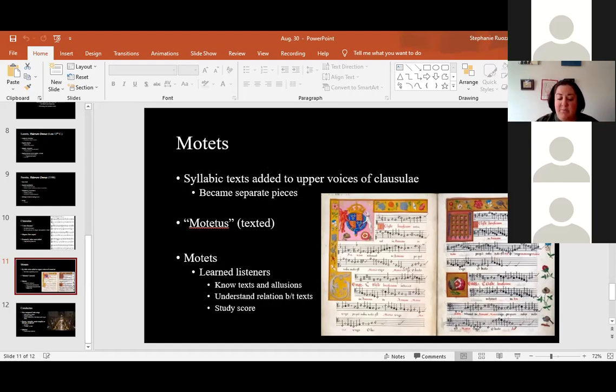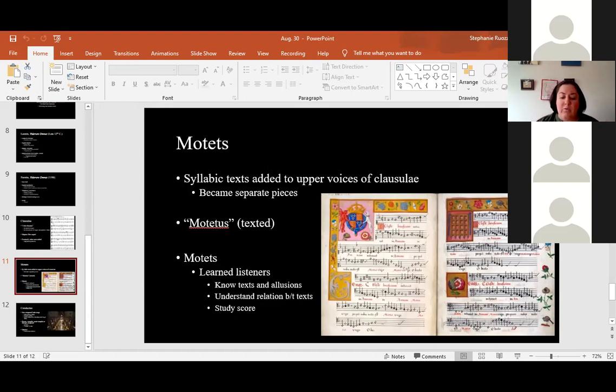Also, you had to be able to study the score of a motet. There's a lot of numerology and a lot of symbology in these texts, and you had to be a learned person to catch all of those allusions. And that's what medieval music historians do now, is they sit there, they study the scores, and they're like, oh, if we work out the math with these note durations, then that provides some kind of significant numerological relationship to the feast day.